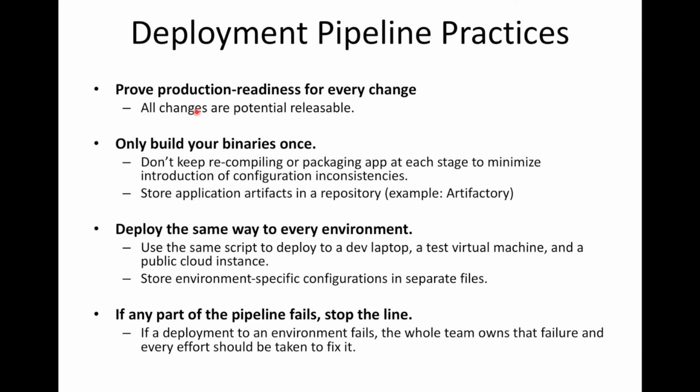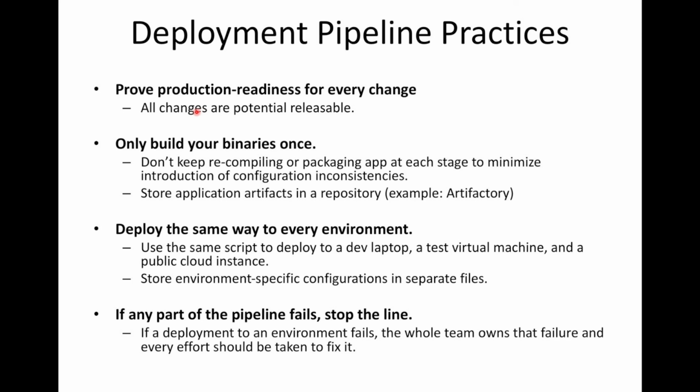When you're creating the deployment process, you want to build a deployment process that works the same way in every single environment. So you want to have a deployment process that deploys your software into a test environment, into a staging environment, and into a production environment.